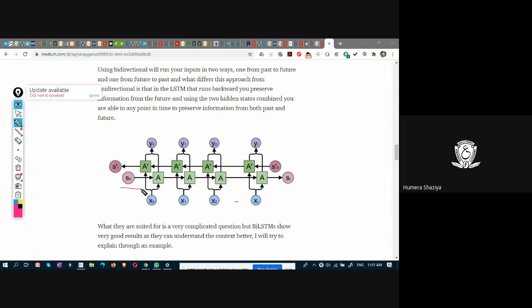This is forward LSTM, S naught, this X naught, X1, X2, and up to some value Xi.